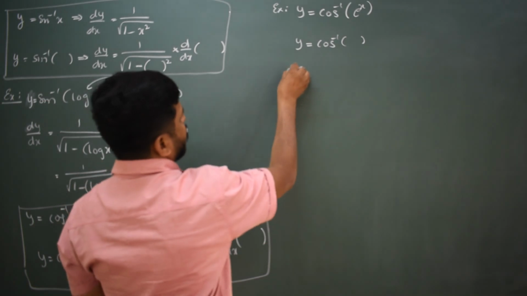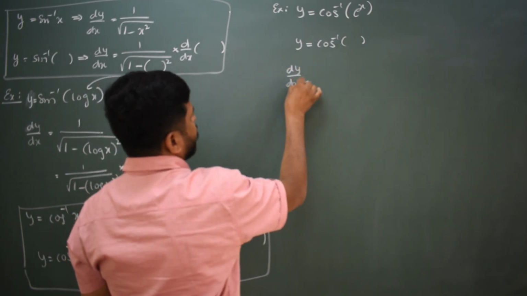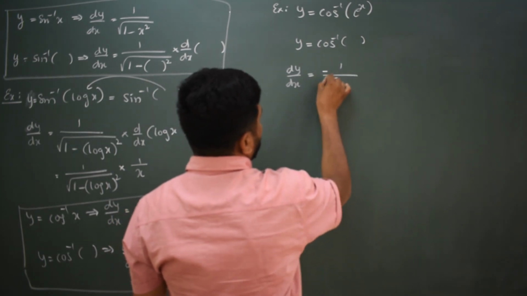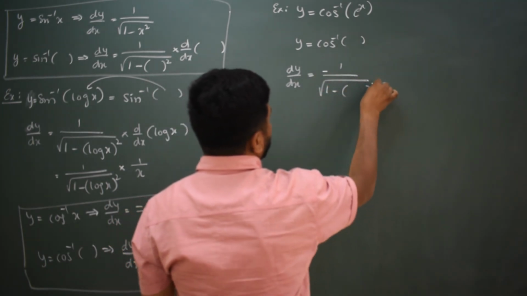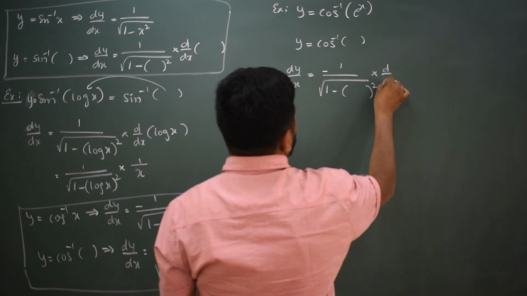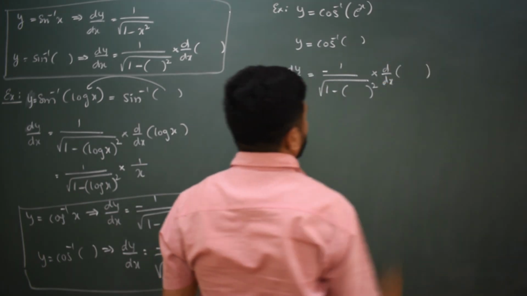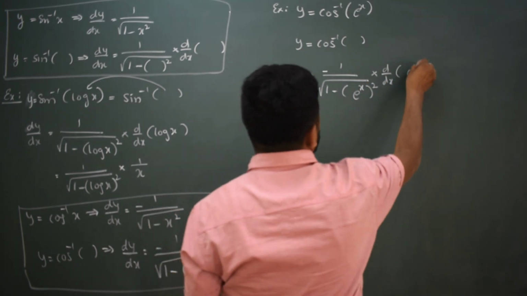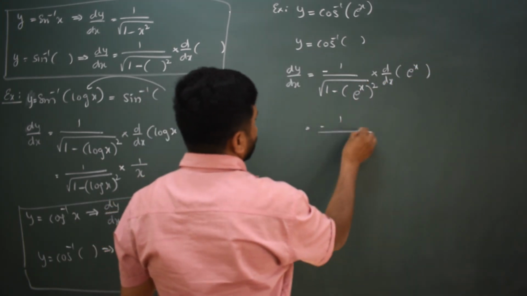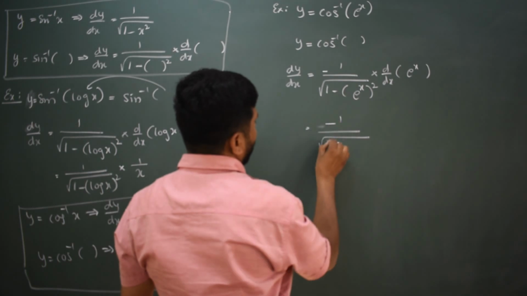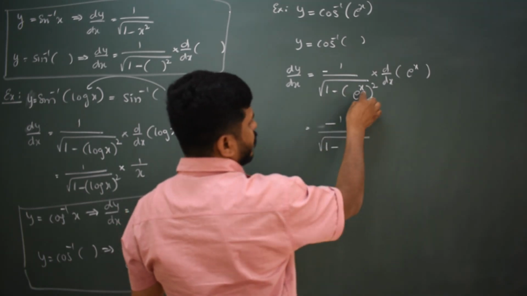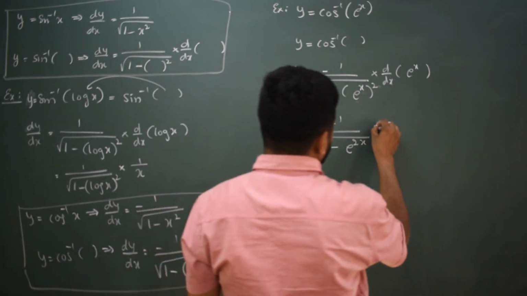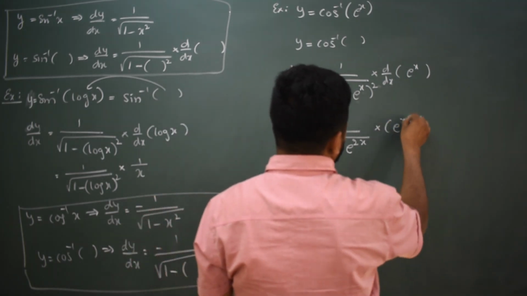What is the differentiation? dy by dx is equal to cos inverse something differentiation, minus 1 by root of 1 minus something the square into d by dx of something. What is something? e raised to x. So minus 1 by root of 1 minus e raised to x the square, that is, a raised to m raised to n is a raised to m into n, e raised to 2x, into differentiation of e raised to x, which is e raised to x.